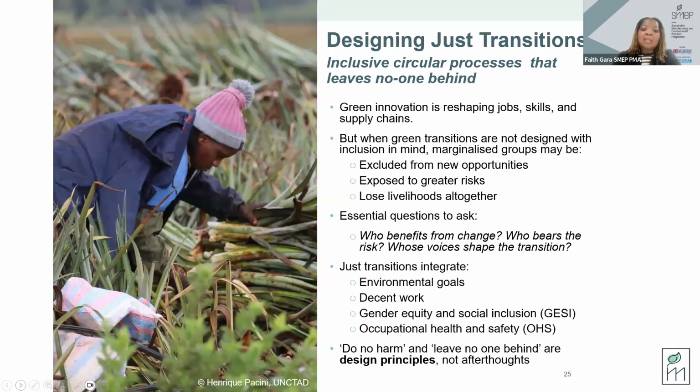Without a JC lens, circular transitions risk reinforcing exclusion by concentrating these new opportunities among those with existing power and access. SMAP experience shows that when JC considerations and safeguarding measures are integrated early and intentionally, they strengthen delivery. When introduced later, they become reactive and less effective.